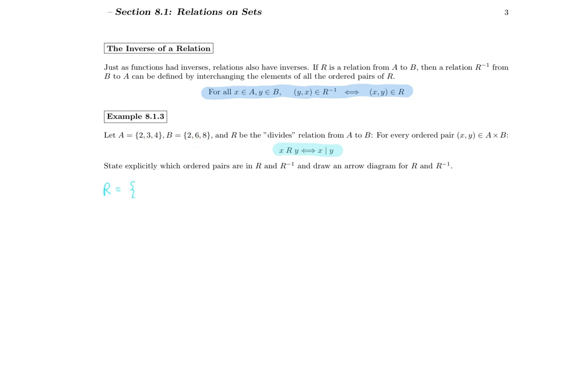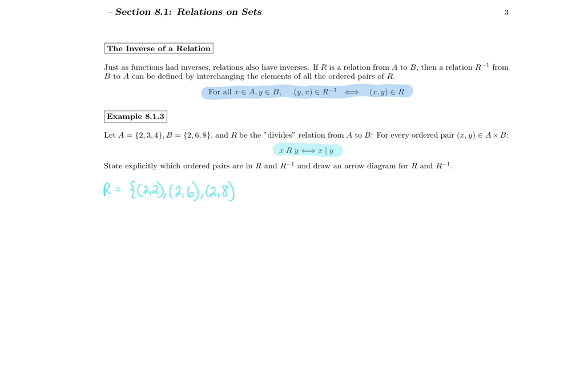So let's start with just those 3 ordered pairs XY that are in R: 2, 2, 2, 6, and 2, 8. The 2 is from set A. The other 2, 6, and 8 are all elements in set B.